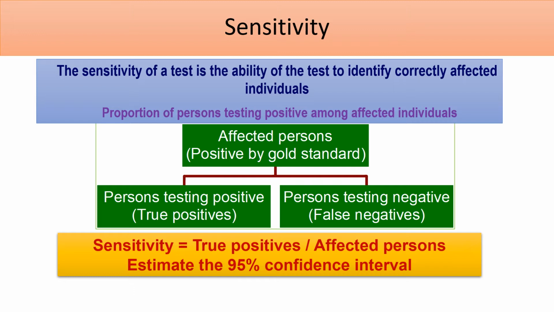The first part is persons testing positive, or true positives, and the second part is persons testing negative, or false negatives. So we can calculate the sensitivity. Sensitivity is equal to true positives divided by affected persons.